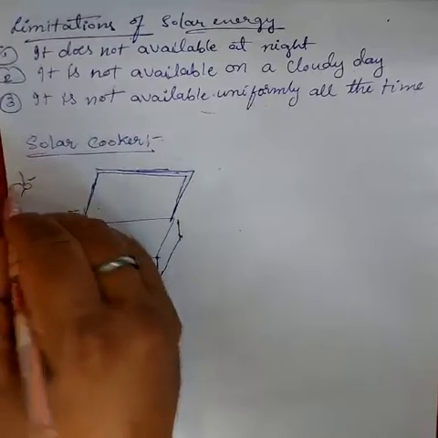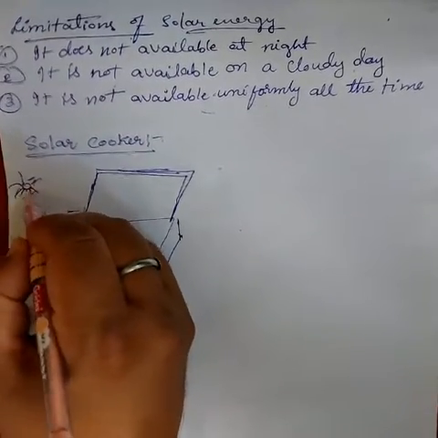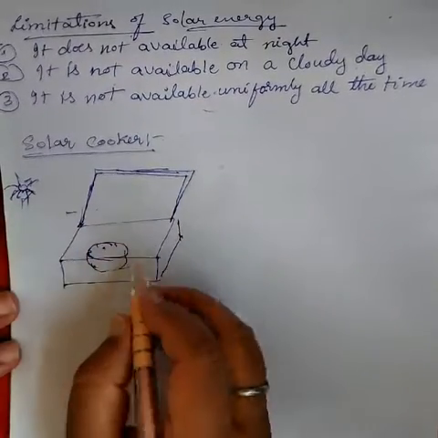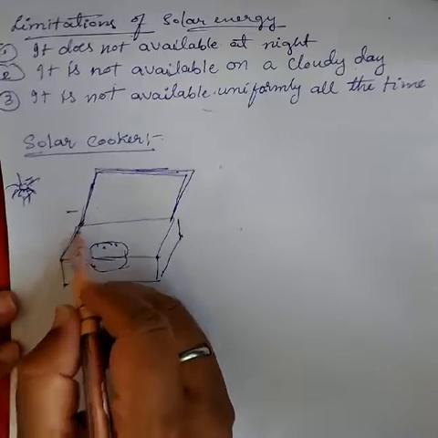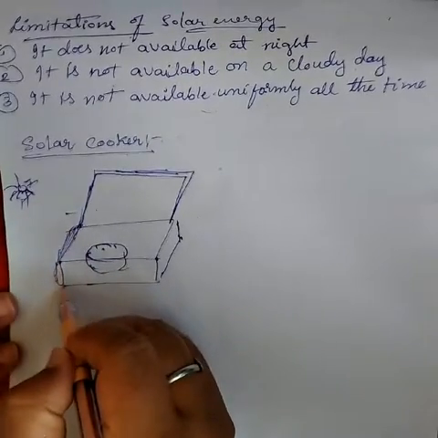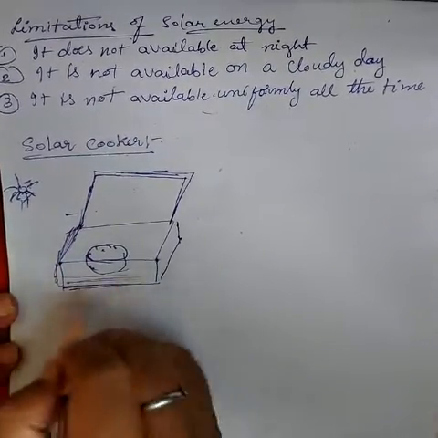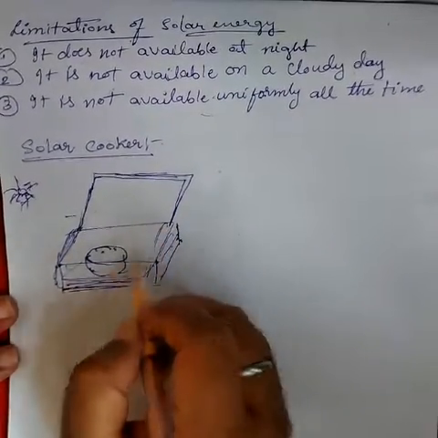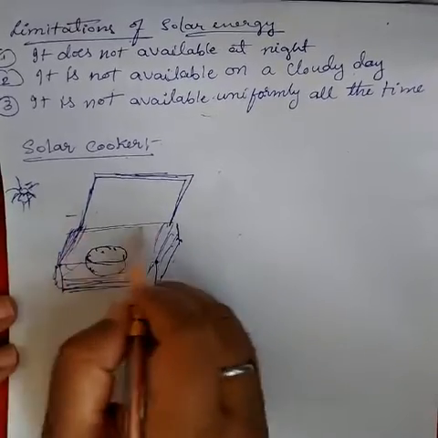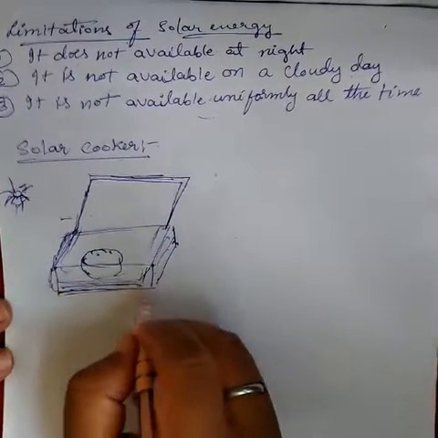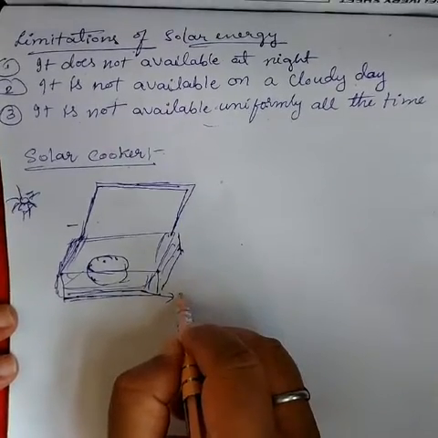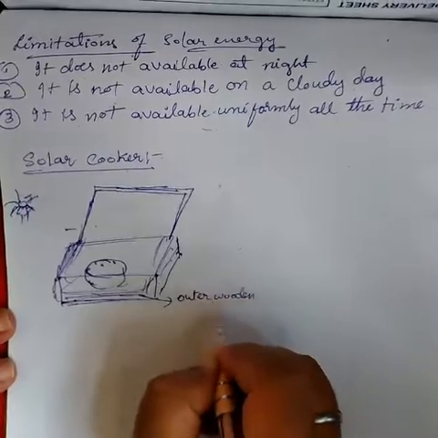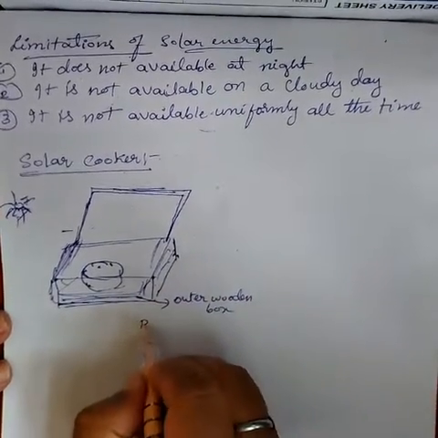See here how the solar cooker works. The outer part is colored black, and the interior is also black. This is the outer wooden box, black in color.